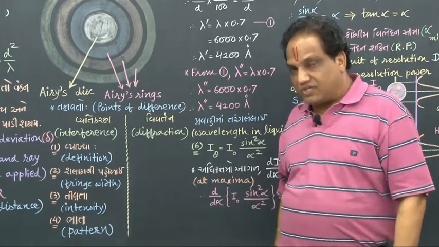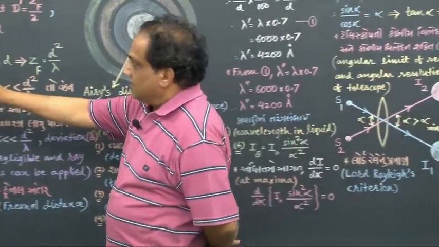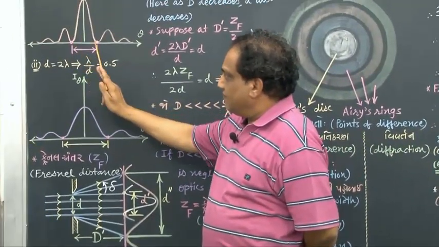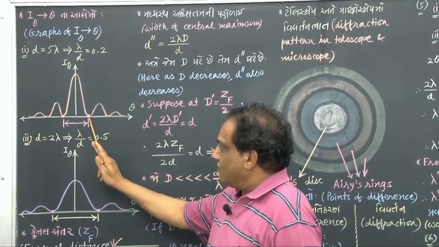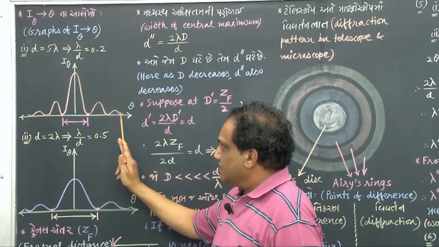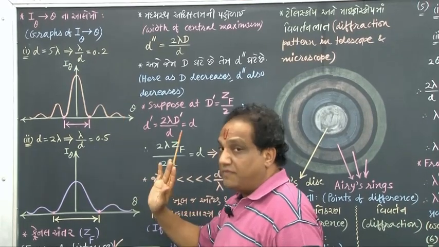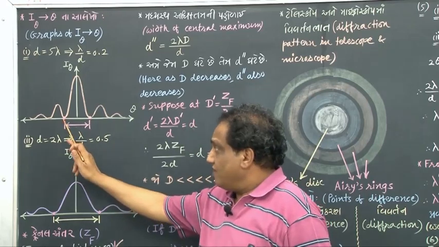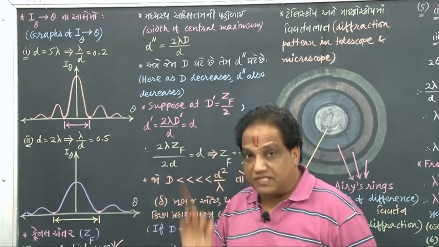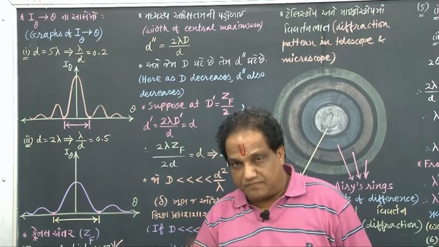You know, here in case of diffraction, look, this is the fringe width for central maximum. This is the fringe width for first order maximum. This much is fringe width of second order maximum, and so on. Here we find that the widths of different maxima are not same.